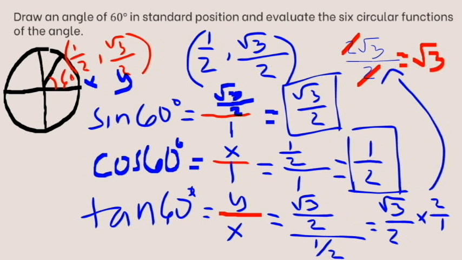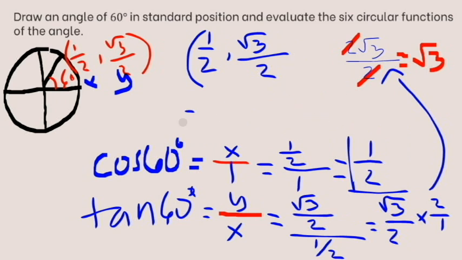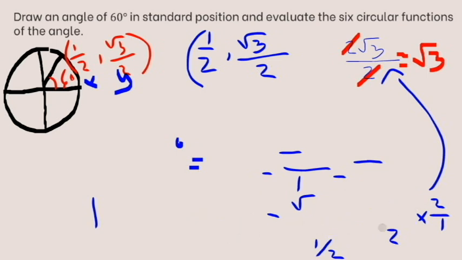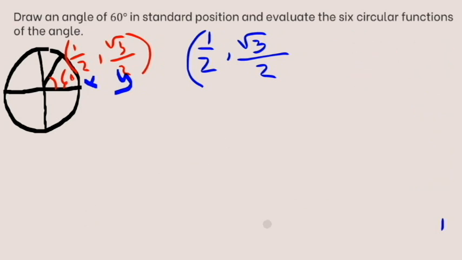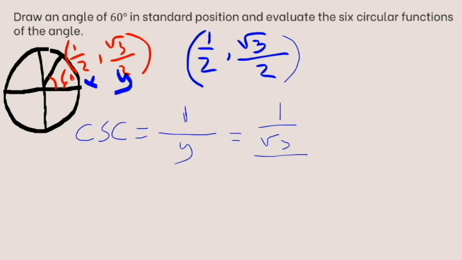Next is cosecant. For cosecant, since it is the reciprocal of the sine, and our sine a while ago is square root of 3 over 2, therefore our y is square root of 3 over 2.